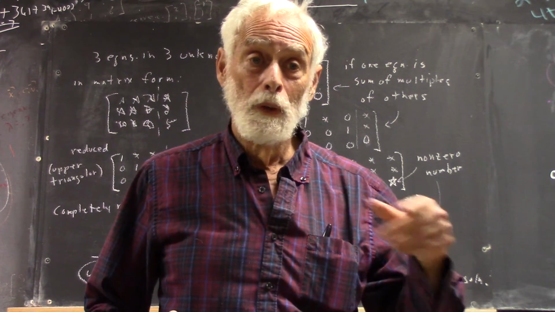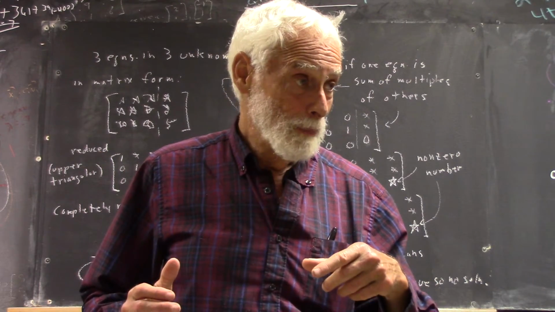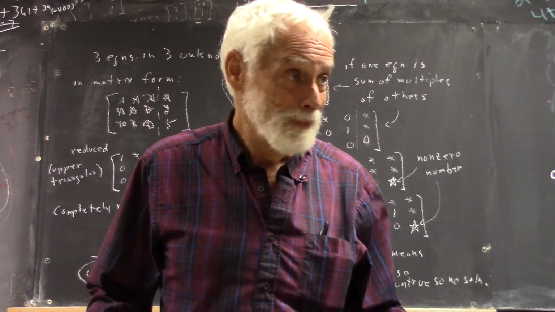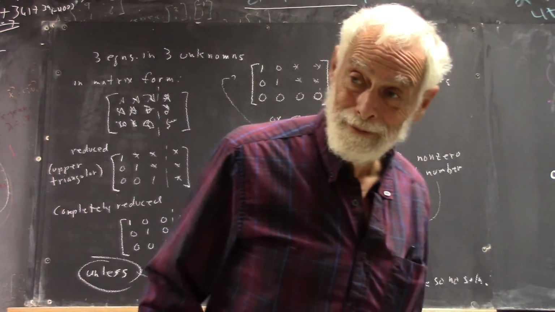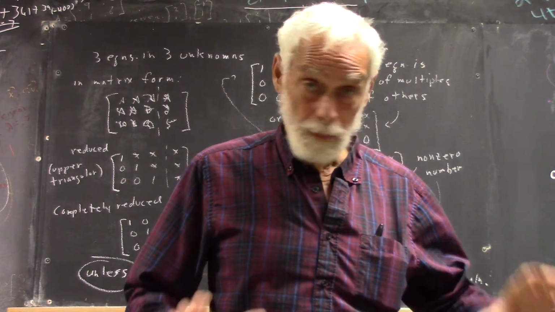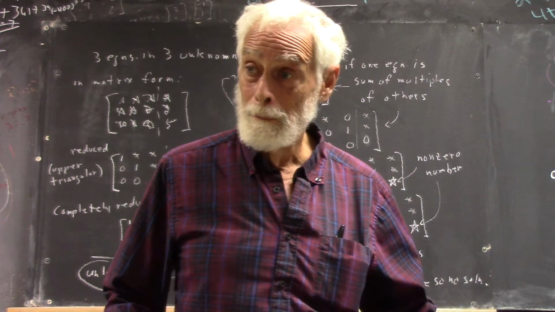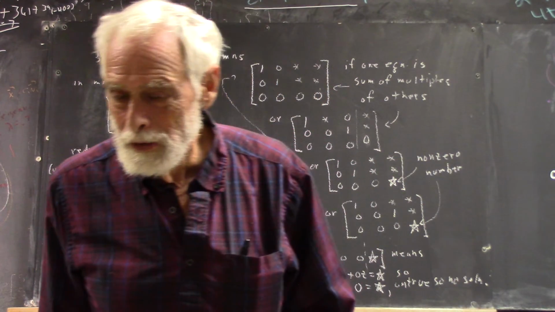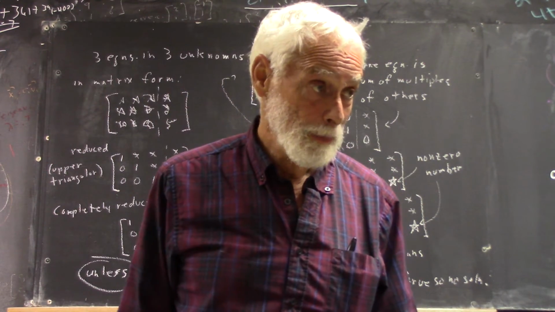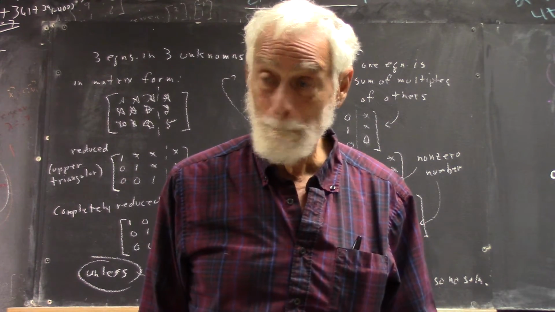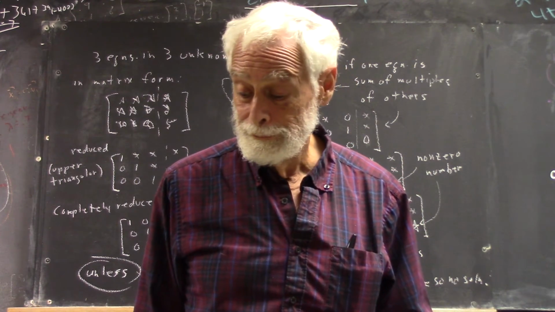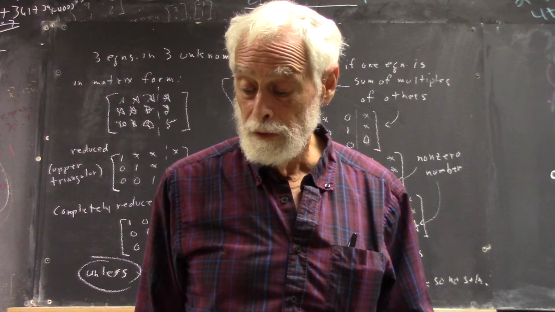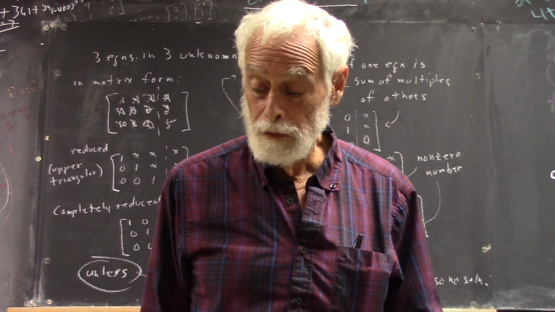And maybe you get a 1, 0 with a number and a 0, 0, either with a 0 or with a star. You can interpret that in terms of the straight lines, and I'll have you do that. I'm not going to ask you to graph things in 3 dimensions, or even to necessarily visualize them in 3 dimensions. Okay, so that's kind of where we are.